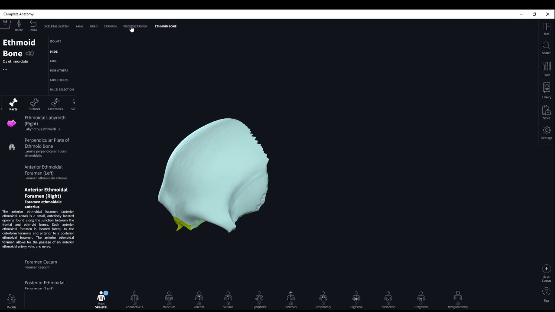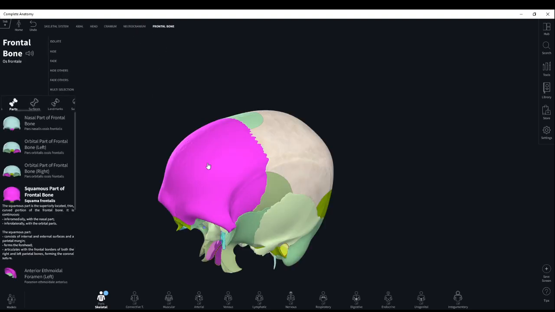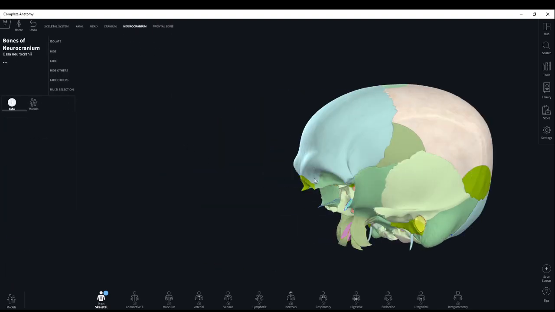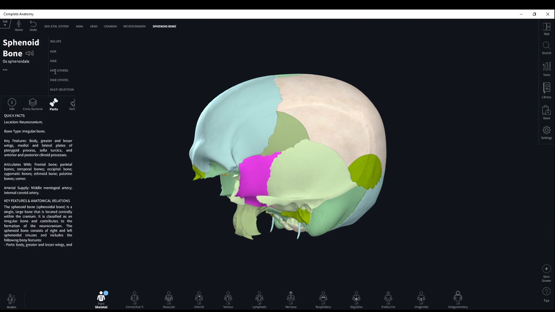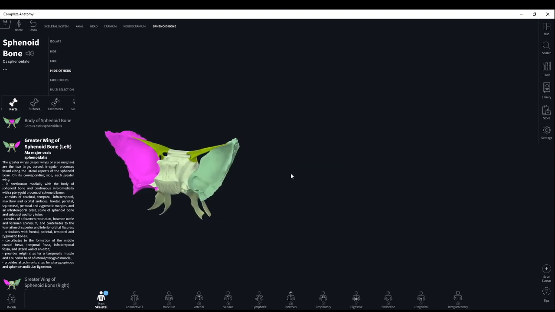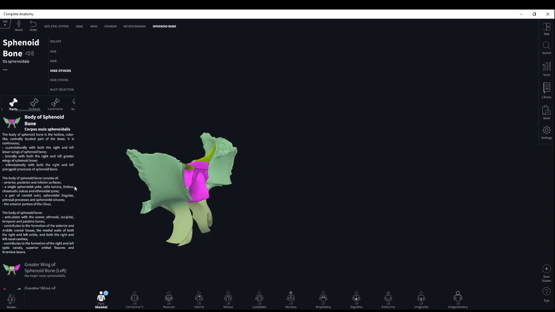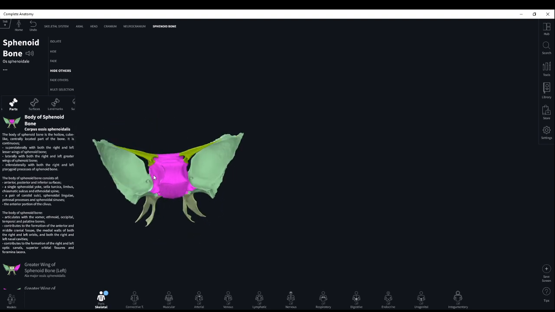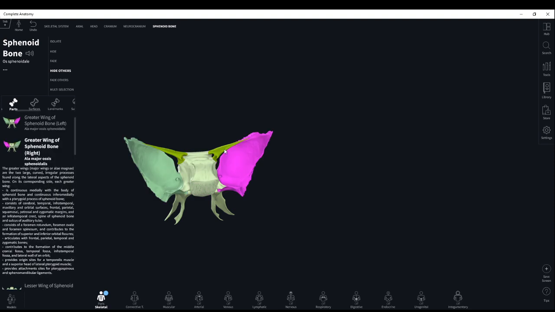Next bone of the neurocranium is the sphenoidal bone. Sphenoidal bone has four parts. First, it is the body, large and massive in the midline. Has two wings, paired structure.